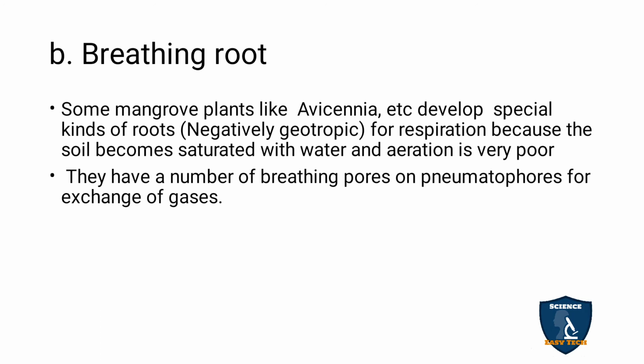Breathing roots. Some mangrove plants like Avicennia, and mangrove plants are halophytes which live in salty soil or salty water. Keep it in mind, Avicennia is famous for these breathing roots.